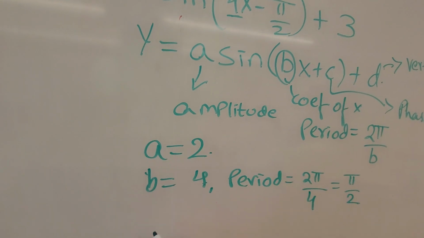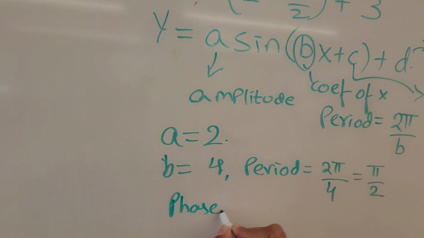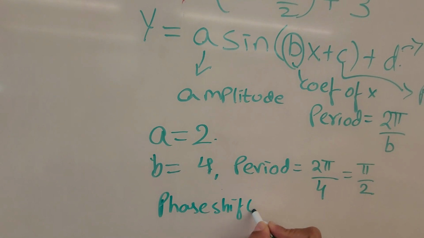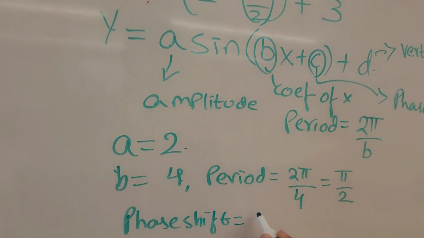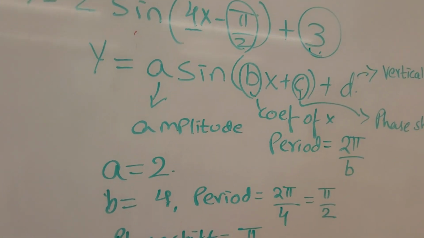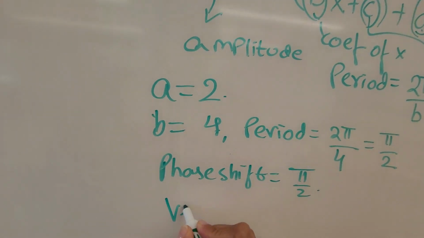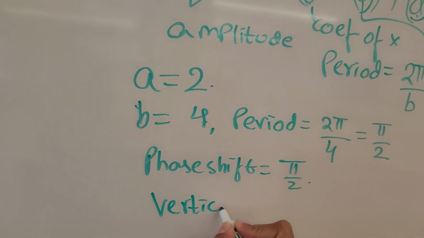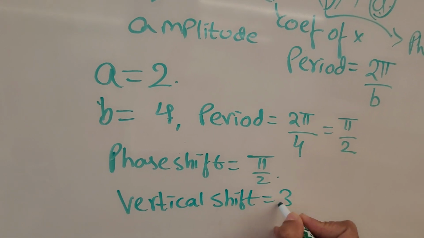For the phase shift value C, I have pi by 2. And for the vertical shift D, I have 3. So I can write down my vertical shift, which is 3.